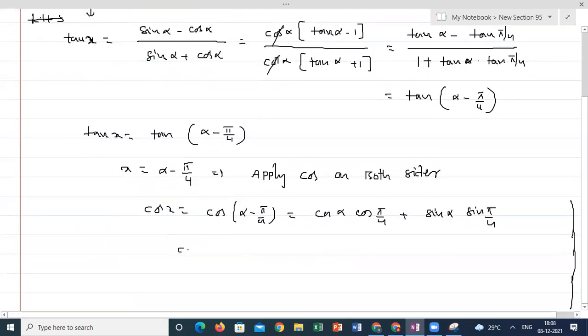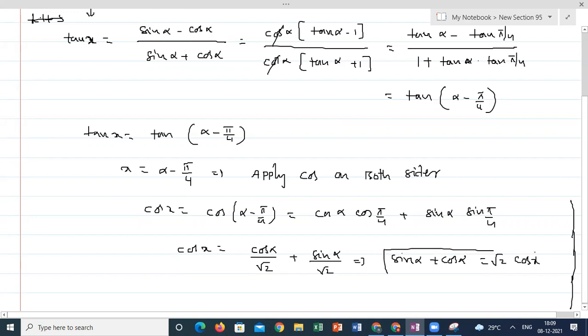So cos x will be equal to cos alpha by root 2 plus sin alpha by root 2. From here, sin alpha plus cos alpha is root 2 cos x, the required expression.